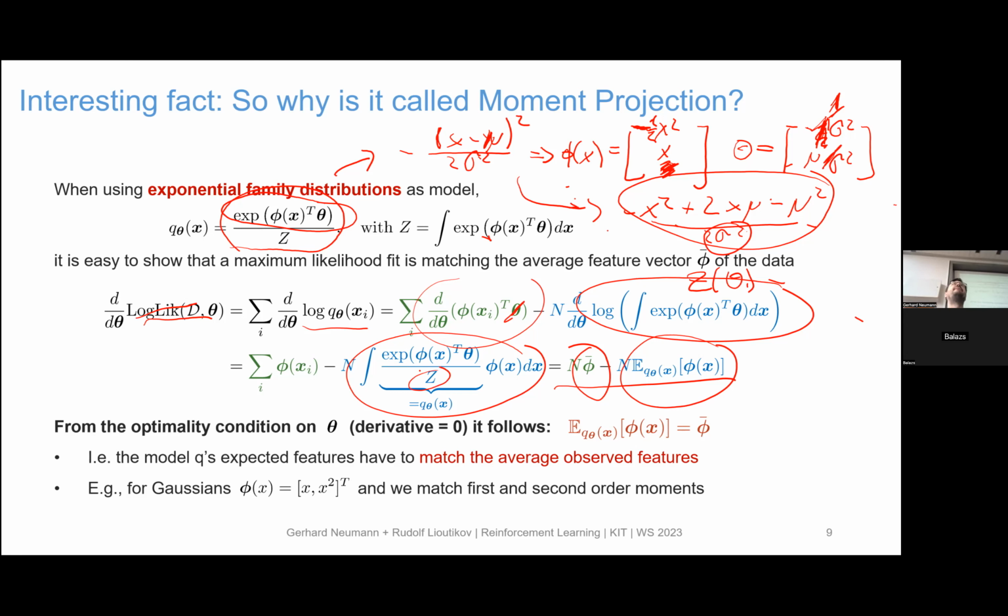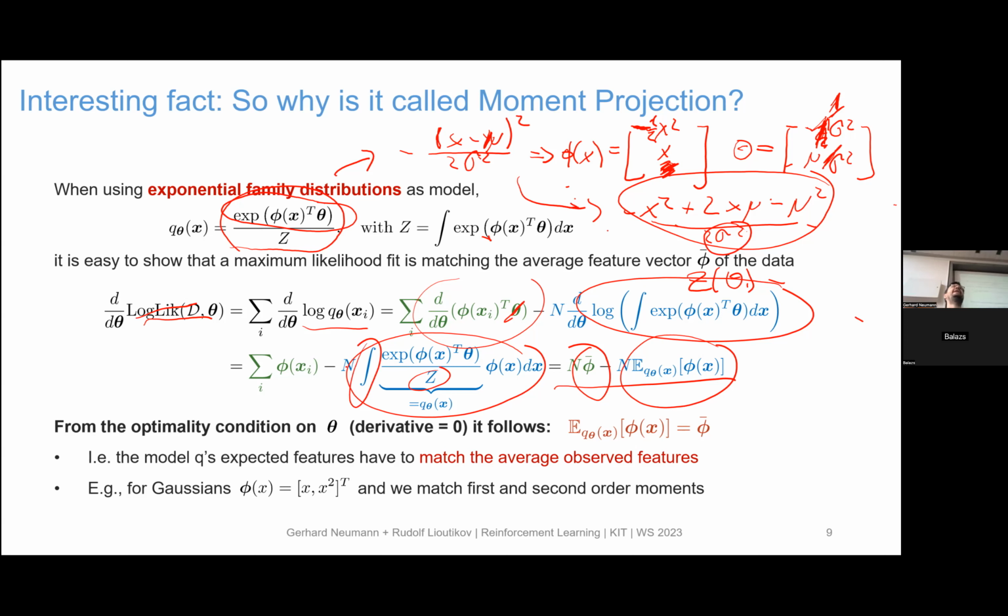This is 1 over z times the inner derivative. And the inner derivative is the derivative of the integral of exp of phi of x times theta. The integral remains, because every term in this integral depends on theta.